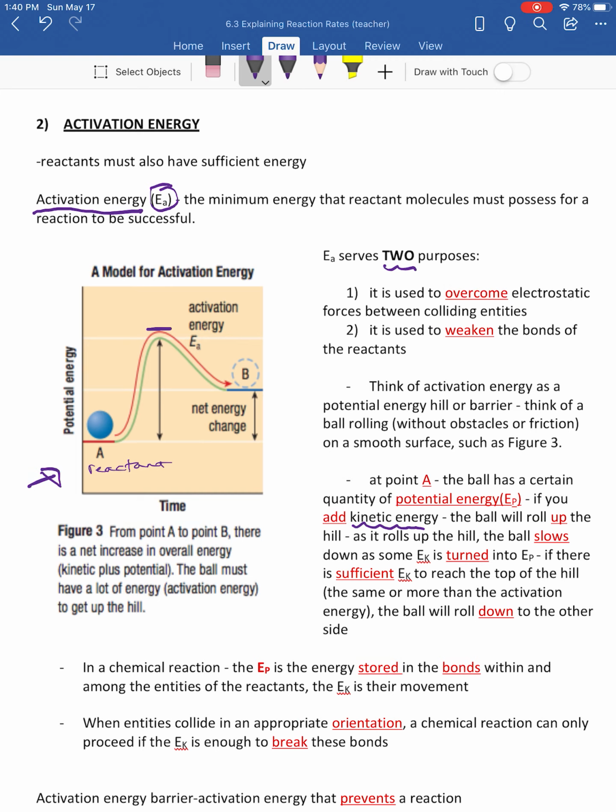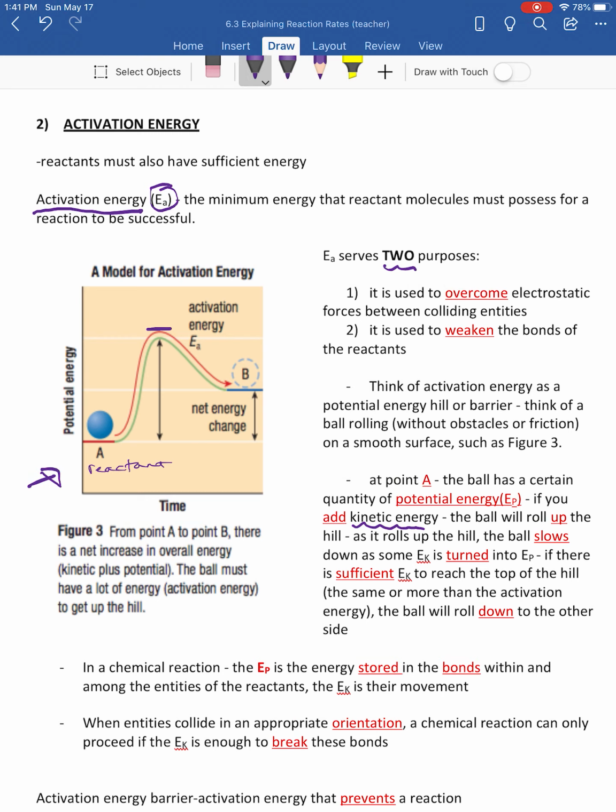Okay? And then if my molecule has an increased amount of kinetic energy, we know kinetic energy is the energy of movement. We can affect that kinetic energy with temperature. And so like I said before, our A and B, our reactants, need to hurl towards each other with a certain amount of force. And that force is to break old bonds, right?